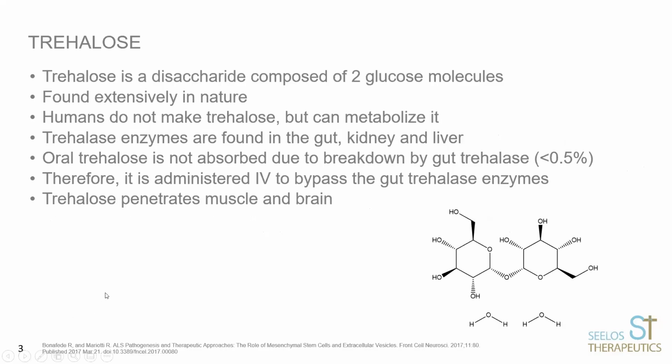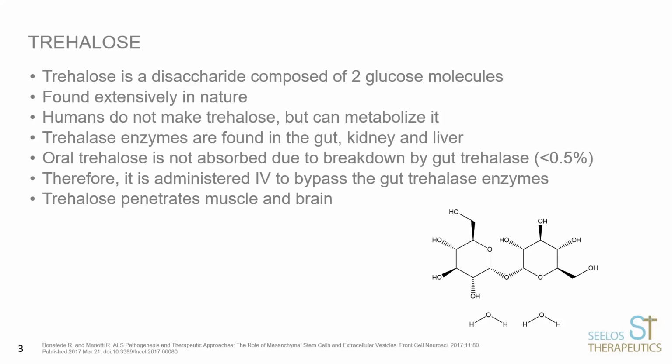Before we get into that, let's explore what the disaccharide trehalose is. It's interesting that humans don't produce trehalose, but we have an enzyme, trehalase, whose specific purpose is to hydrolyze trehalose. So it metabolizes it.